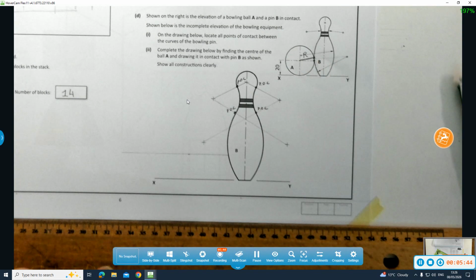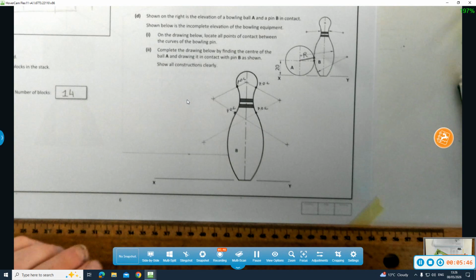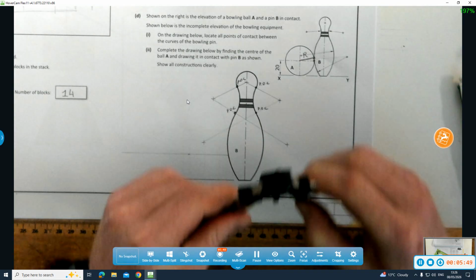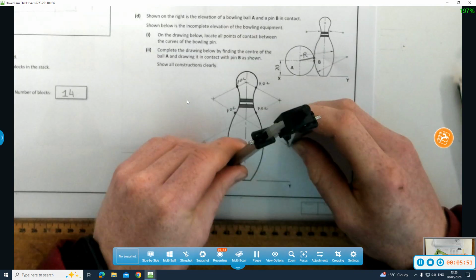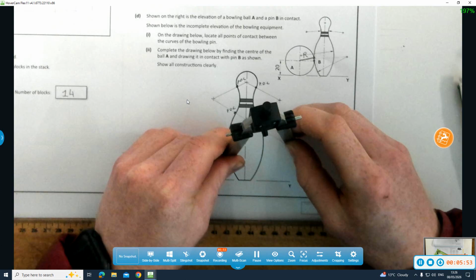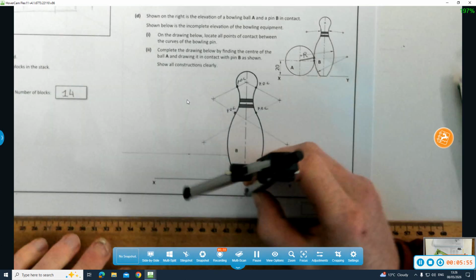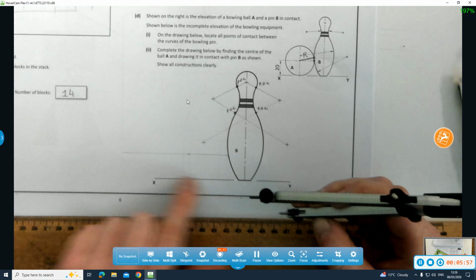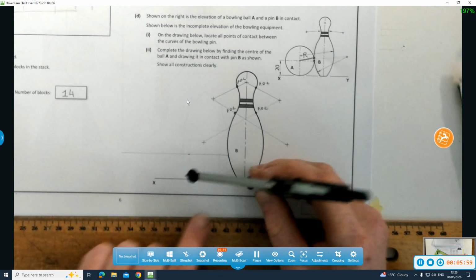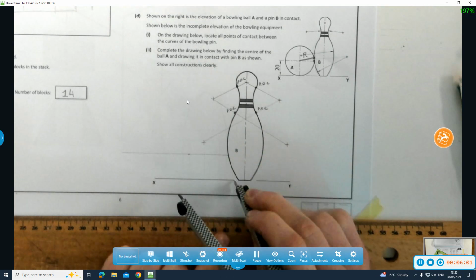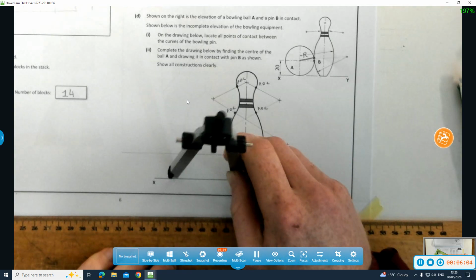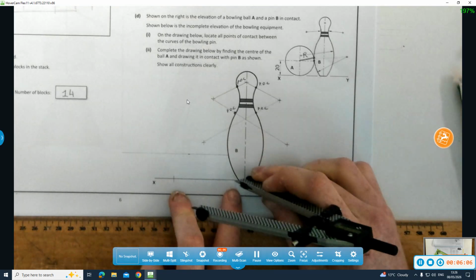So I'm going to get my compass. I'm going to get this radius first of all on the compass. That's it on the compass there. It doesn't matter where you use this. I'm going to start down here on the XY line, point the compass there and just mark it. So that's the radius of that.